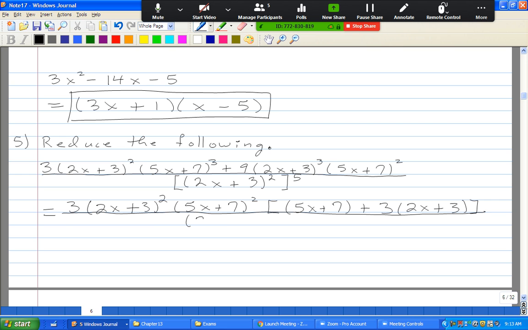I have, in the denominator, 2x plus 3 squared to the fifth, so that's a power of 10.